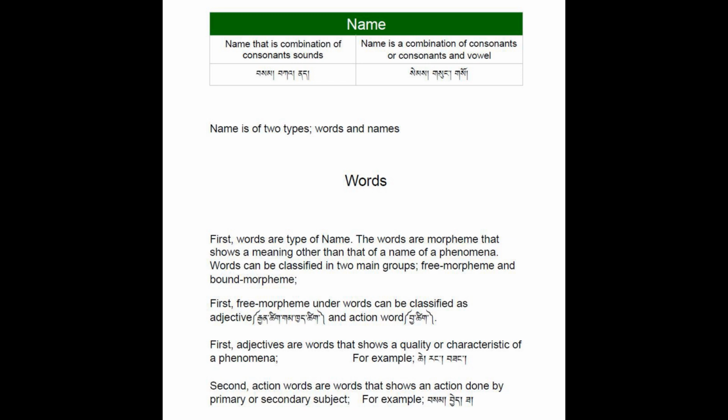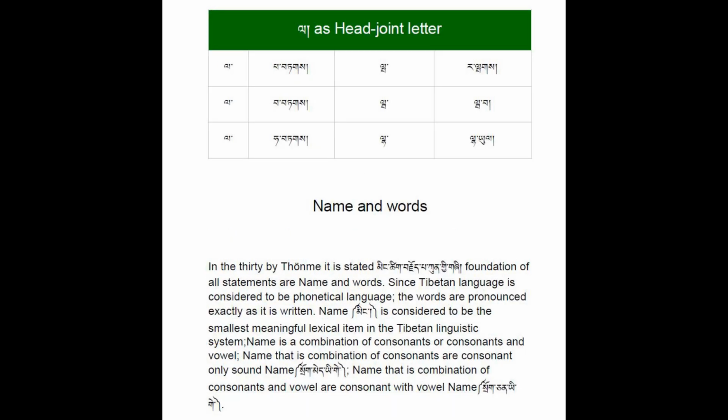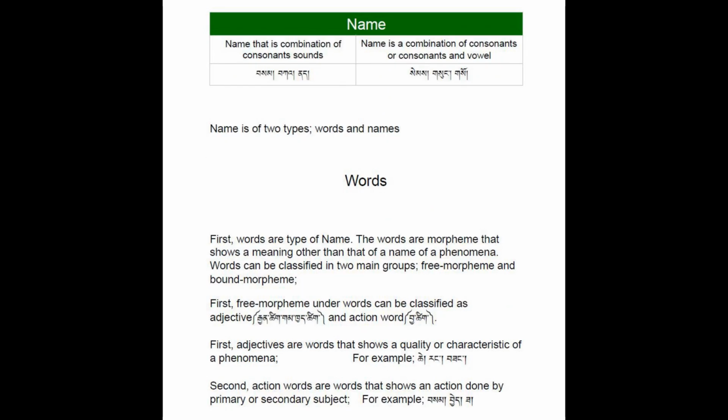So Name with a capital N here is a broader category, which consists of two types. Very sorry, because name with the lowercase is not the name with the uppercase.